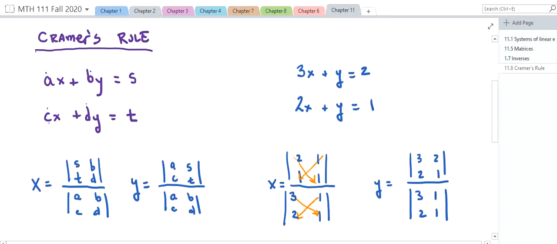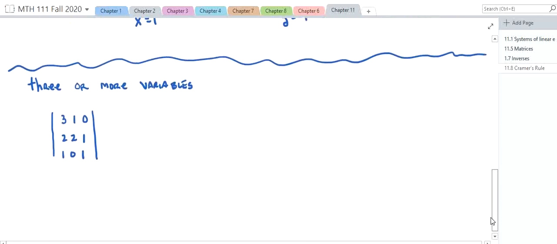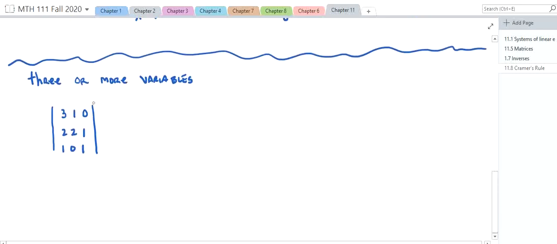And then in the numerators, you would replace the column vector here, the S, T, U, for example, for the x term when you were solving for x. For y, you would replace the y term, and for z, you would replace the z term. So this means that for 3 or more variables, you're going to have to solve larger determinants.